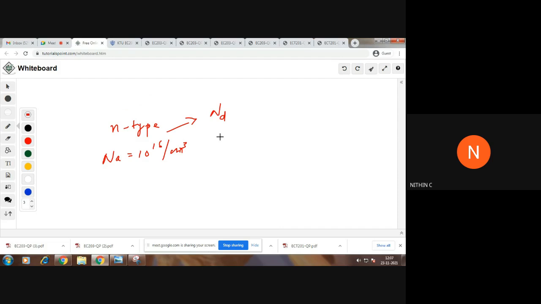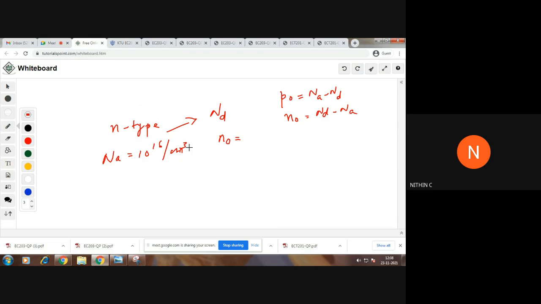You effectively know that the concentration n0 will be, as I said earlier, how did you find p0? You found p0 as Na minus Nd. At that time I told that if you need to find n0, you should do Nd minus Na, because it is the electron concentration.